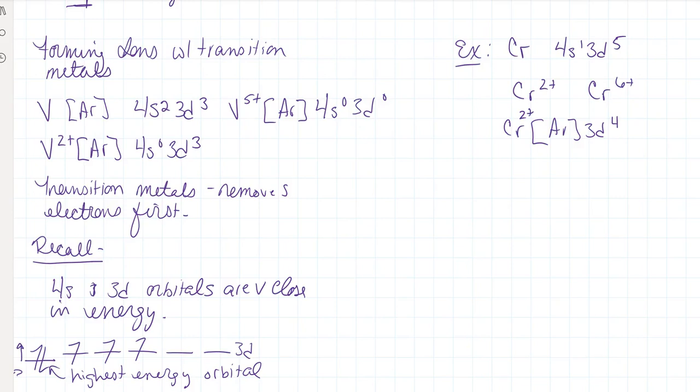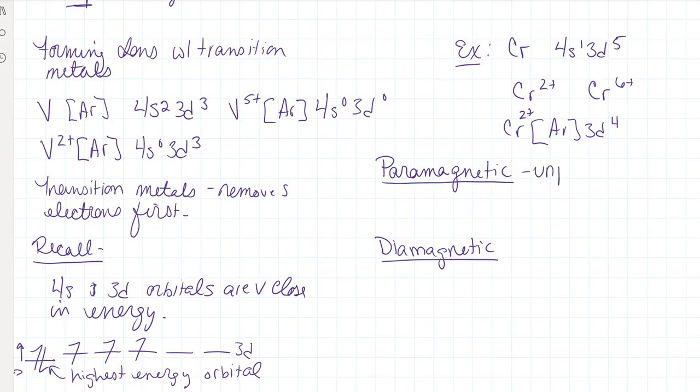And there are two different types of magnetism. We can either classify a compound as paramagnetic or diamagnetic. If a compound is paramagnetic, that means that there are unpaired electrons in the electron configuration.